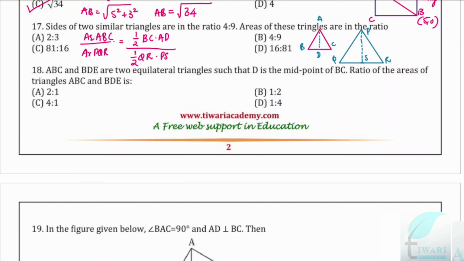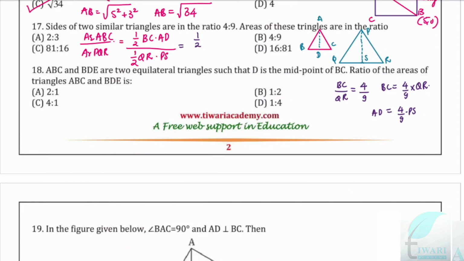So now the next step here is, it is already mentioned that BC by QR is equal to 4 by 9 because both of the triangles are similar. So here I can write BC as 4 by 9 into QR. Similarly, we can write AD as 4 by 9 into PS.